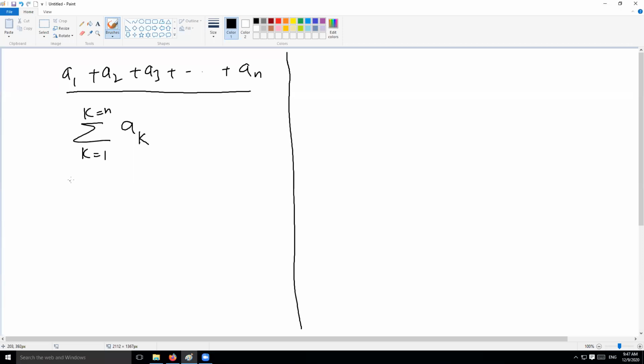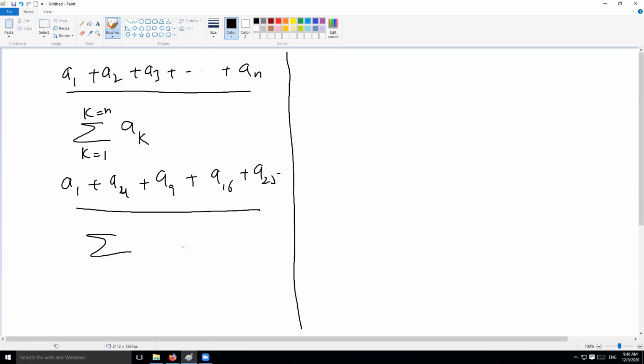Now, if you have, say, a1 plus a4 plus a9 plus a16 plus a25 and so on and so forth, you want to write this in sum notation.